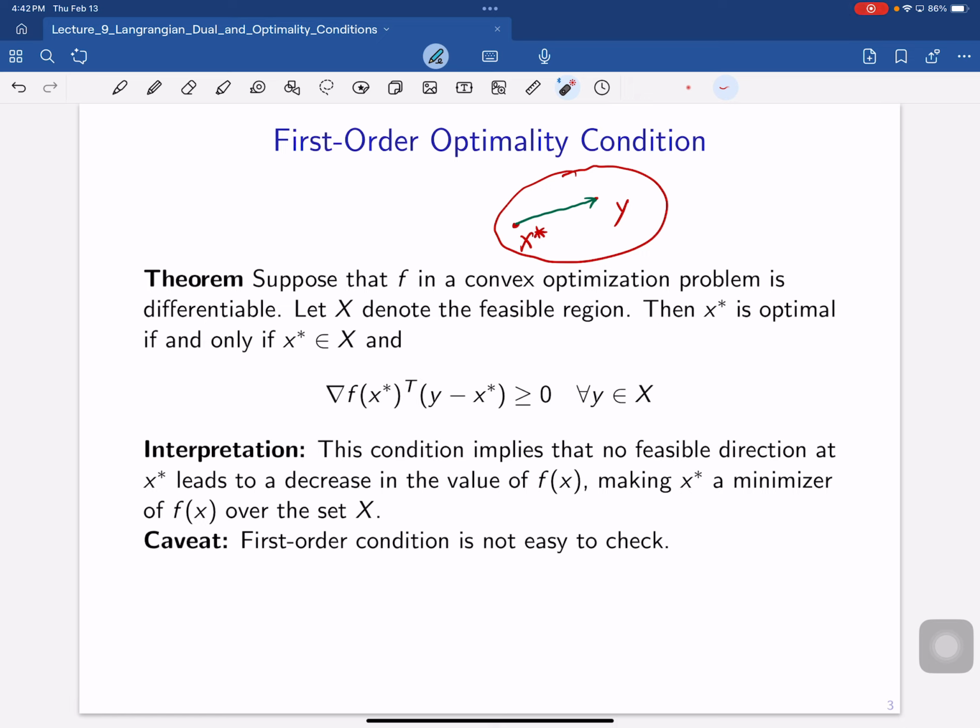So how do we prove this? Any thoughts? Remember, there is a first order characterization of a convex function that uses something similar to this.